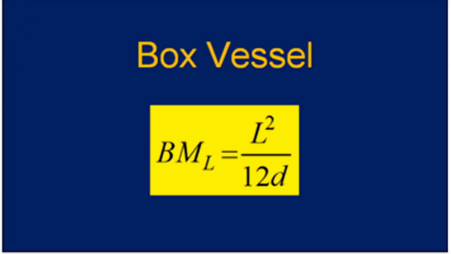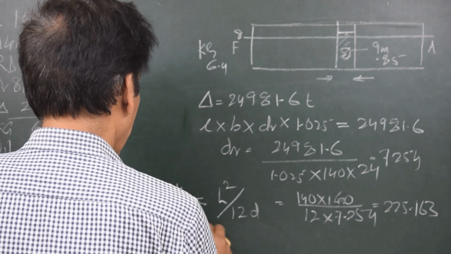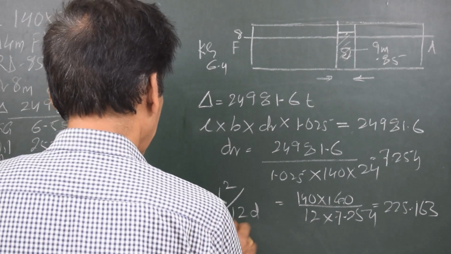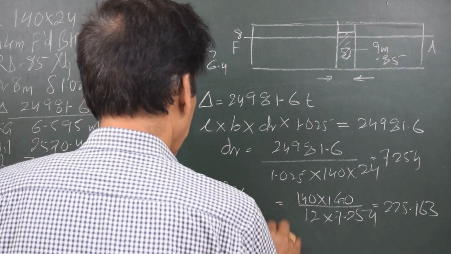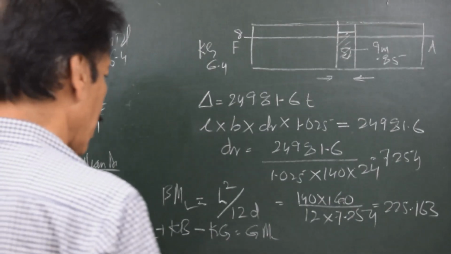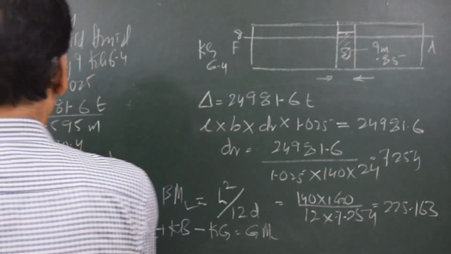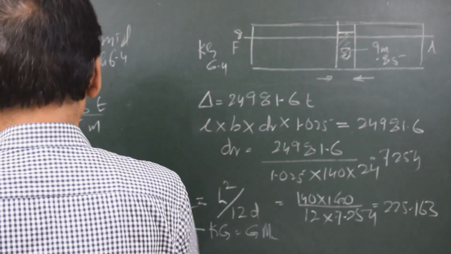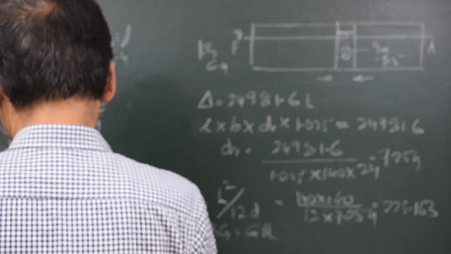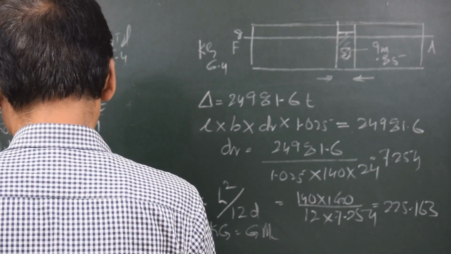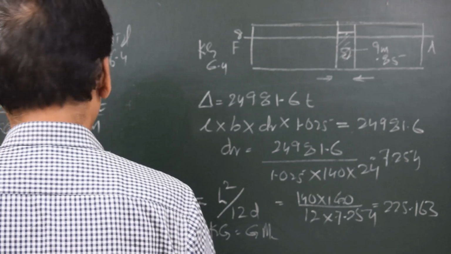BML plus KB minus KG should be equal to GML. KB is going to be half of the new draft. The new draft is 7.254. Half of that is 3.627.